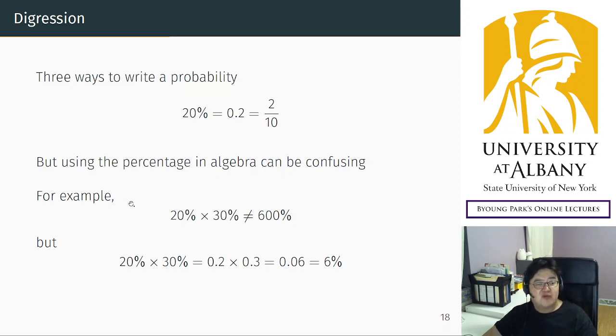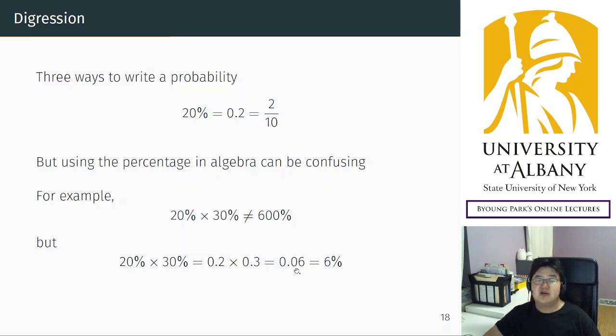For example, when you multiply 20% by 30%, you have to transform them into 0.2 and 0.3 and then multiply. Then you get 0.06, or 6%. Writing 6% as the product of the percentages directly is wrong, so be careful. In the end, as long as you did it correctly, you may answer it as 0.06 or 6%.